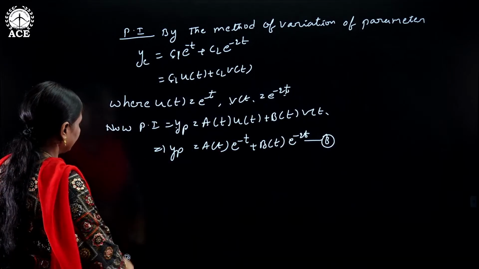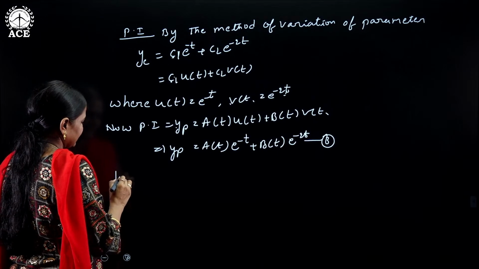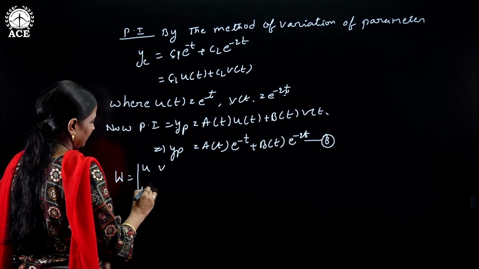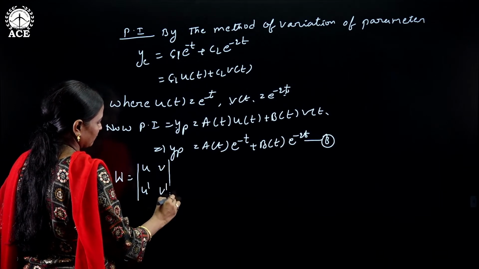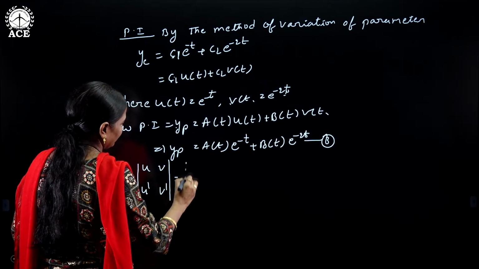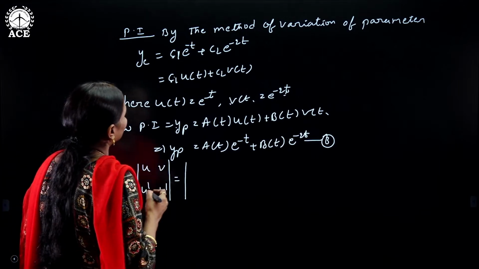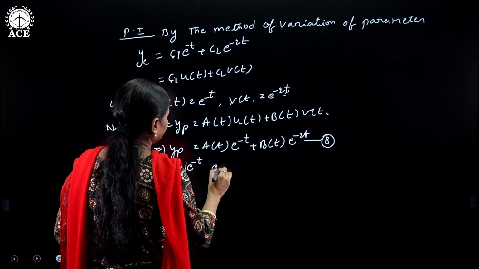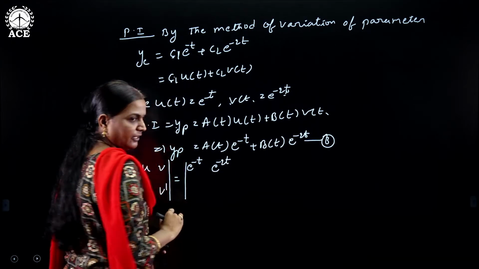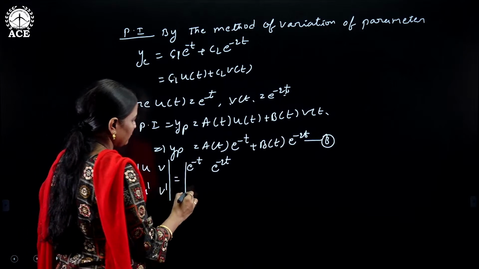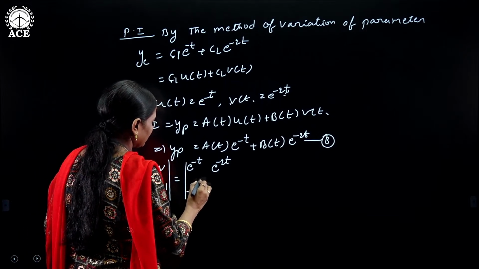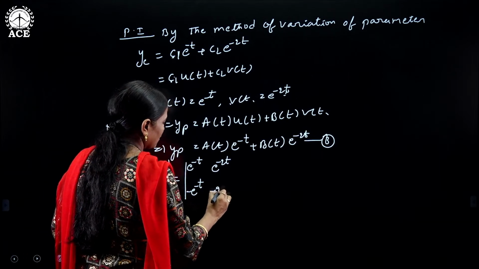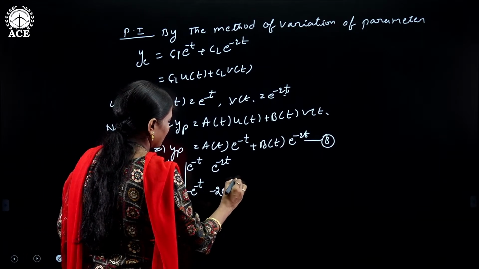Next, write the Wronskian. What is the Wronskian formula? That is the determinant of u, v, u dash, v dash. Here u is equal to e power minus t and v is equal to e power minus 2t. U dash, the differentiation of e power minus t, is minus e power minus t. V dash, the differentiation of e power minus 2t, is minus 2 into e power minus 2t.